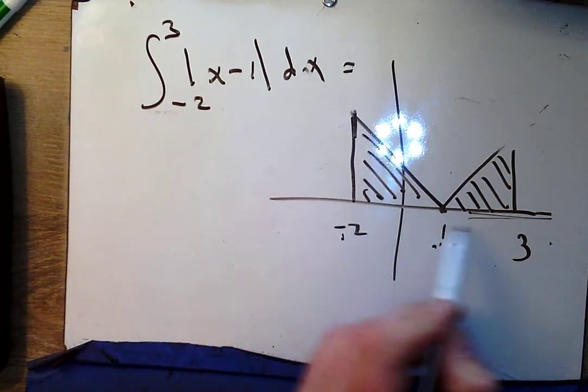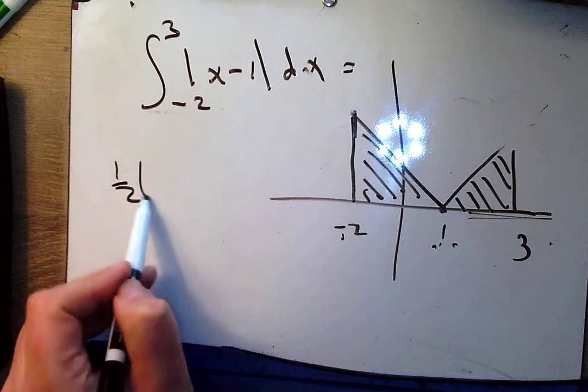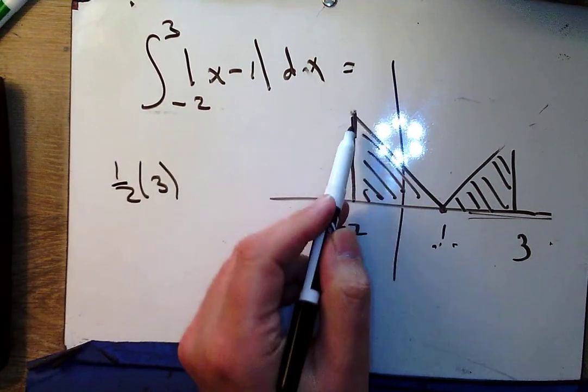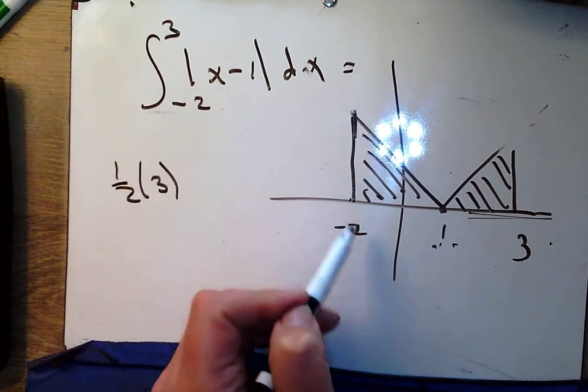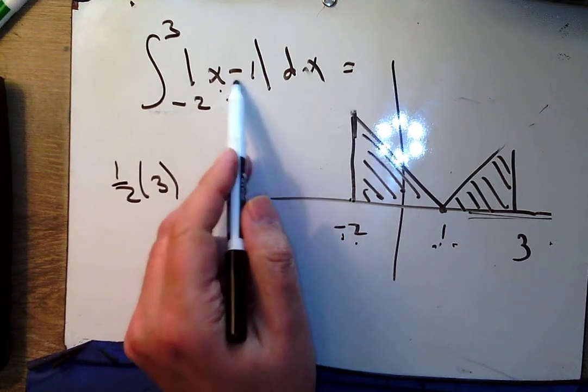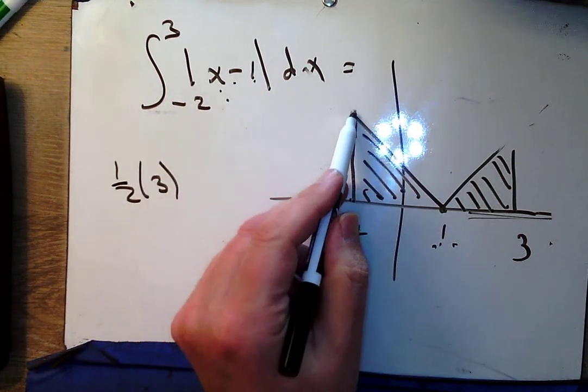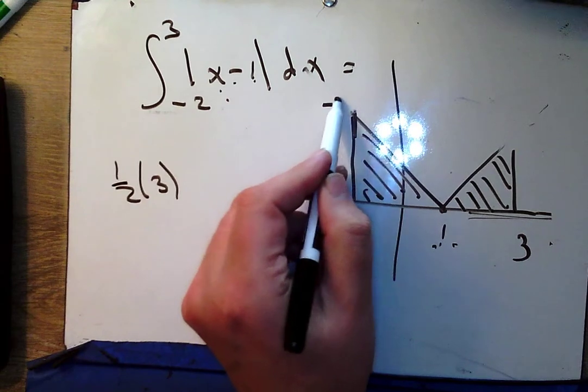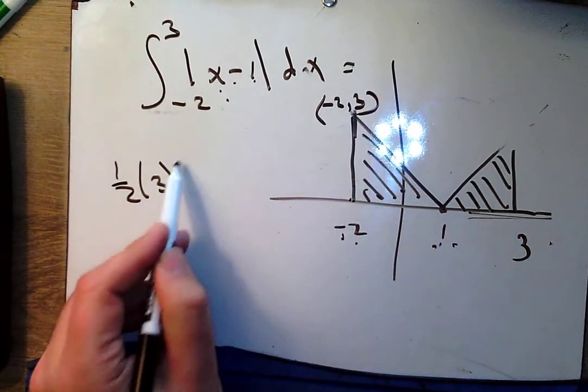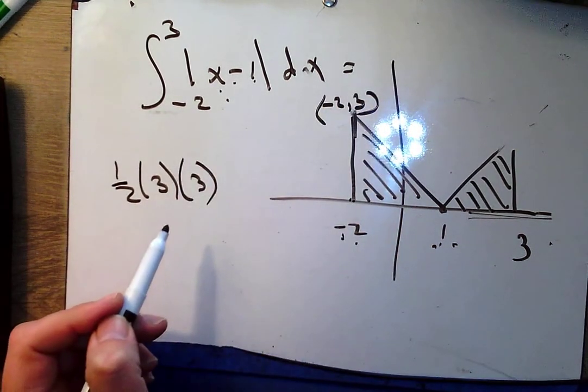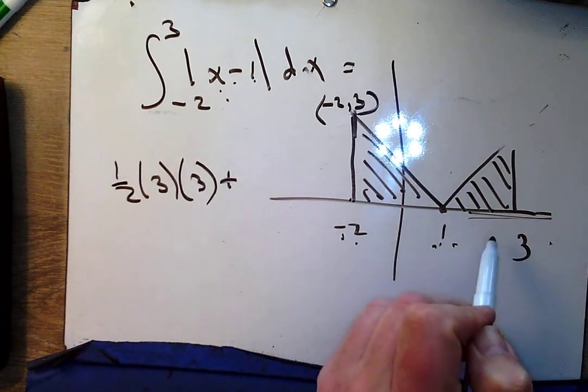So this triangle has a base of 3 and a height of, if I plug a -2 in here, -2 minus 1 is -3, absolute value of -3 is 3. Okay, so I know the height is 3. Excellent. Plus, what about over here?